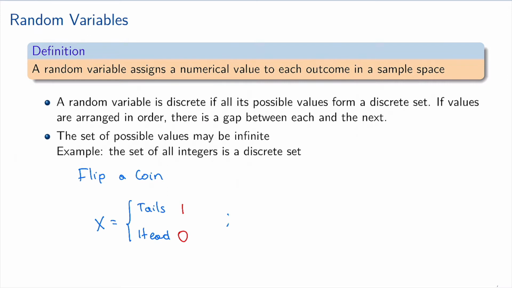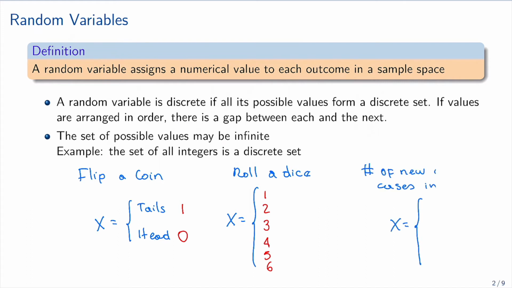In a second example, we can roll a die. When we roll a die, we have either 1, 2, 3, 4, 5, and 6. We can have that as the random variable, but we can also create different random variables from this output.